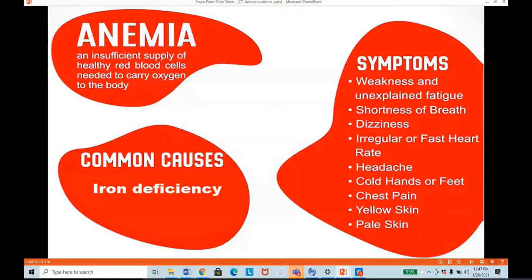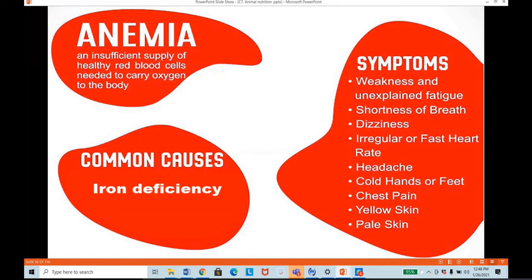The reasons can be not including iron in the food, but also heavy bleeding sometimes in your periods, or hormonal changes, or after childbirth, when a woman loses a lot of blood, so she might be anemic and needs to take special care of herself. So anemia is a condition wherein there is an insufficient supply of healthy red blood cells needed to carry oxygen to the body.